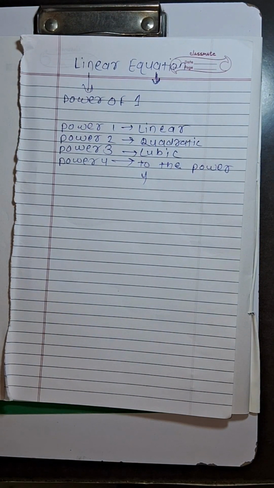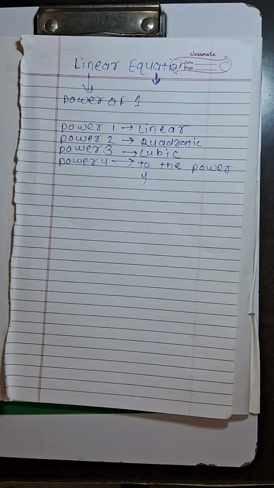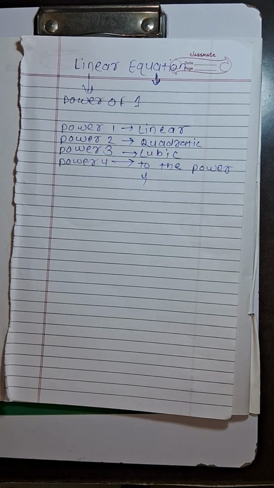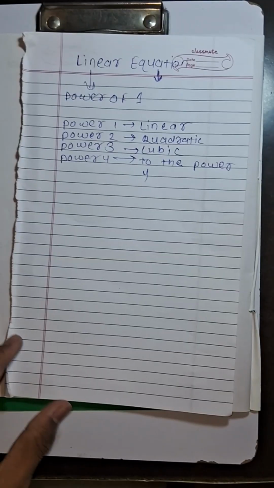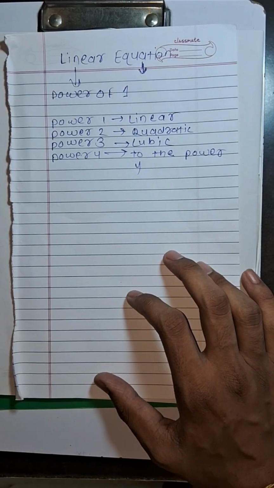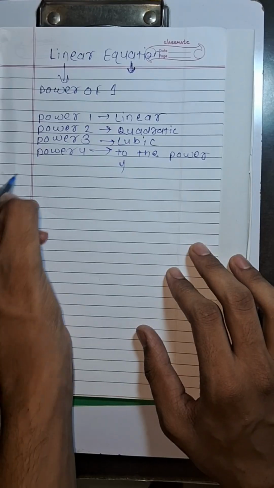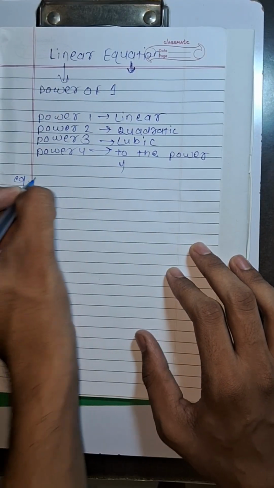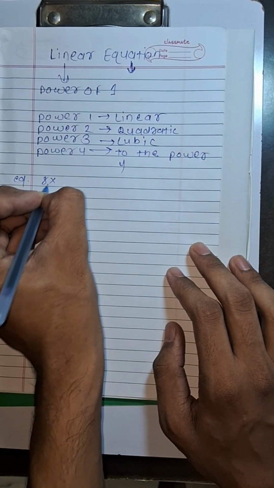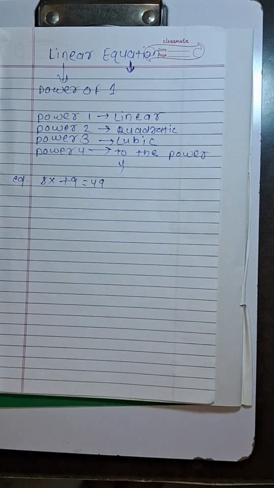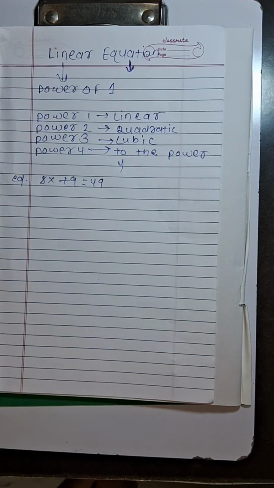Now we are going to learn about linear equations first. A linear equation is the same as the algebra that we learned in the earlier classes. Each and every question is similar to each other. Let me write some examples, like 8x plus 9 is equal to 49. These are very easy problems that you can solve very easily.